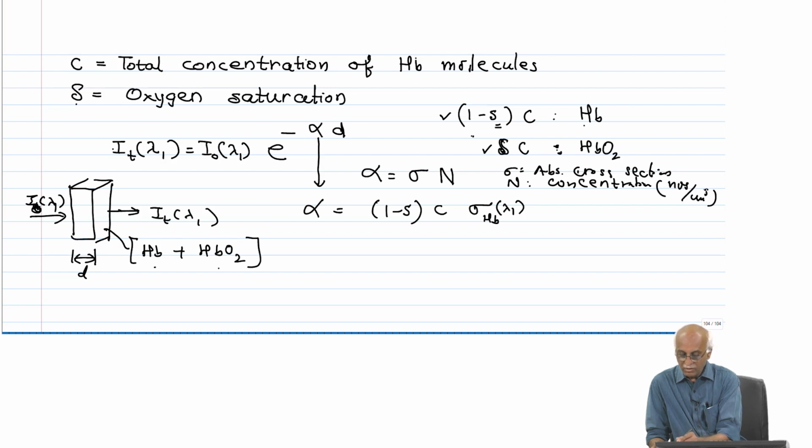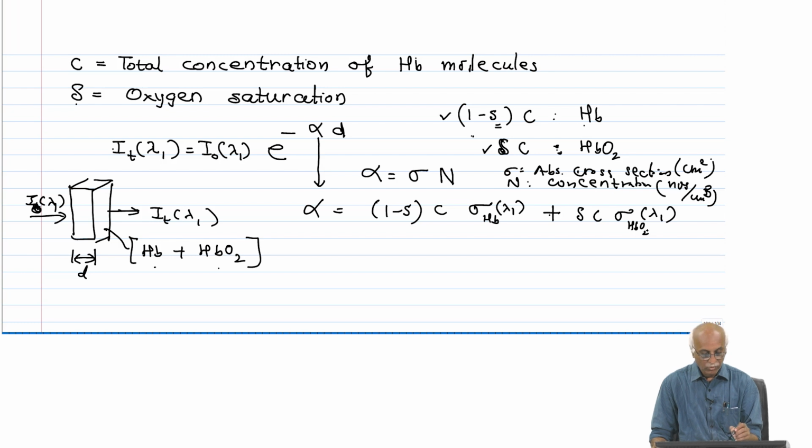So alpha for hemoglobin is this, and for oxyhemoglobin it will be S into C into sigma of oxyhemoglobin at lambda 1.